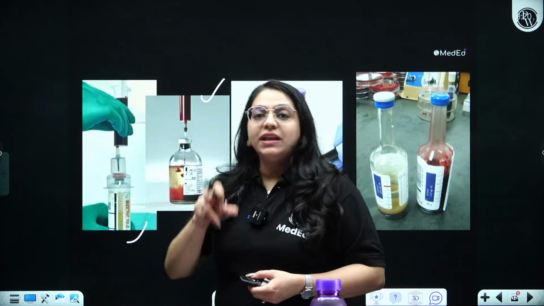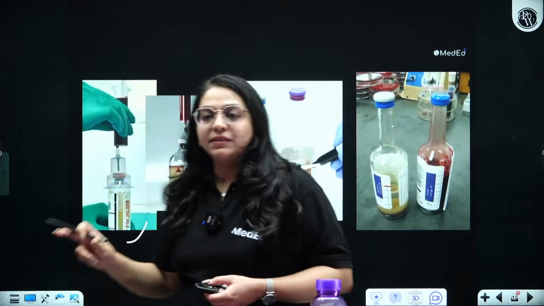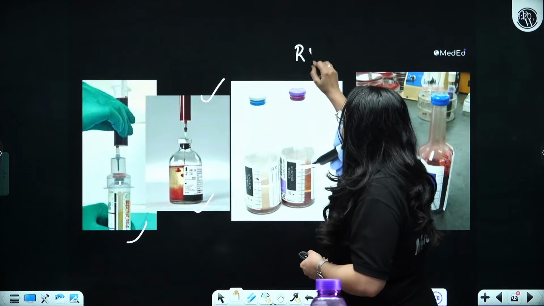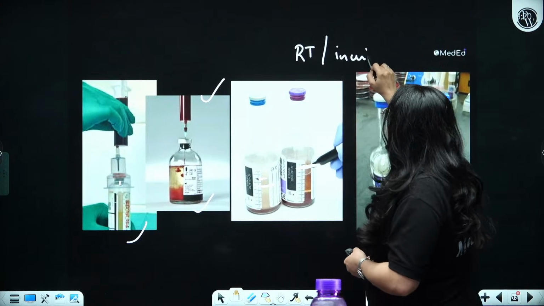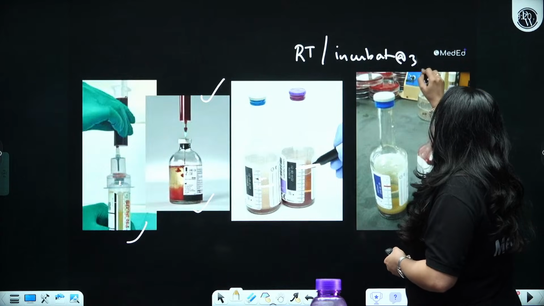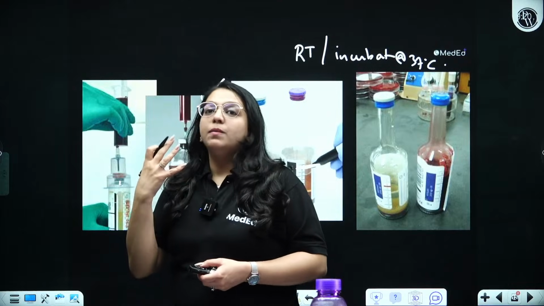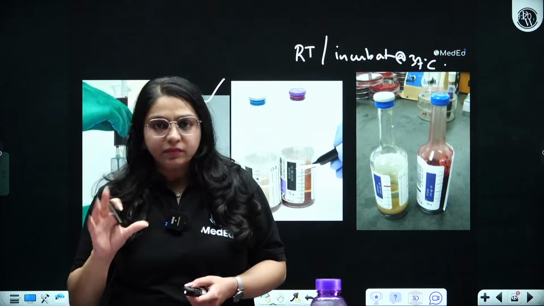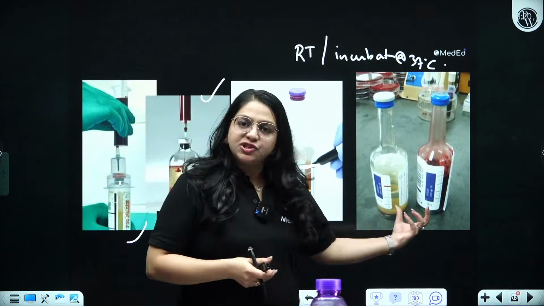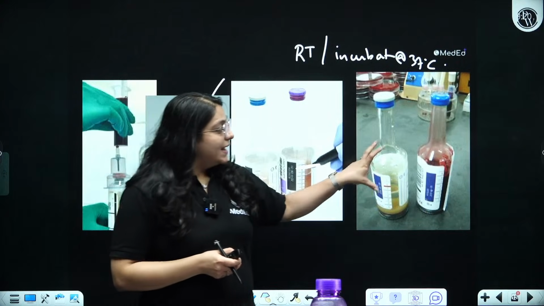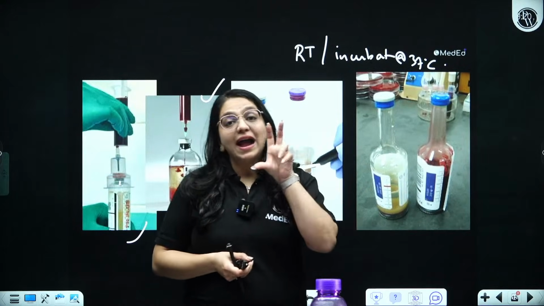If you cannot immediately send it to the lab, then you either leave it at room temperature or you incubate these bottles at 37 degrees Celsius. Now, this is the scenario when you want to do aerobic bacterial cultures, because this itself is an enriched medium. So this sample collection bottle itself acts like a culture media.